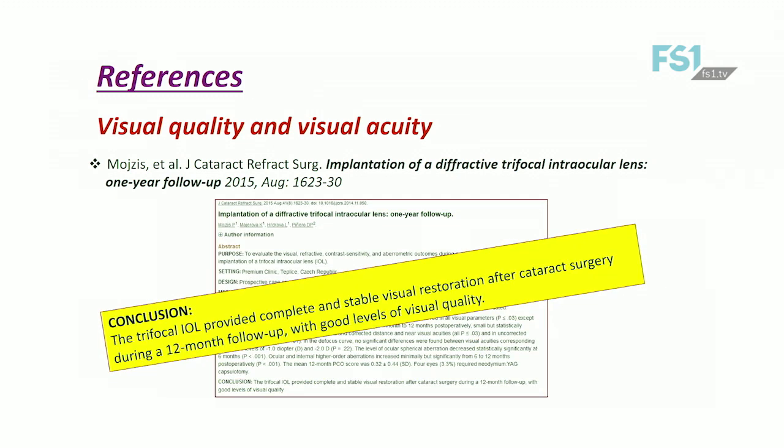You can find this publication in PubMed as an abstract, and it's published in the Journal of Cataract and Refractive Surgery. The conclusion of this article is that the trifocal IOL provided complete and stable visual restoration after cataract surgery during a 12 month follow-up with good levels of visual quality.